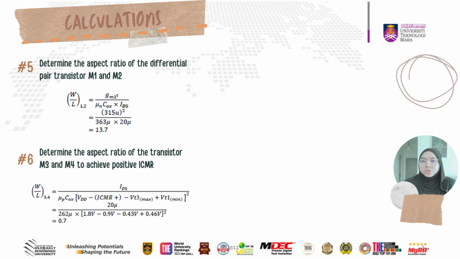The maximum threshold voltage is 0.43 volts, and the minimum threshold voltage at M1 is 0.46 volt. The mu p Cox for the PMOS that I have here is 262 micro.